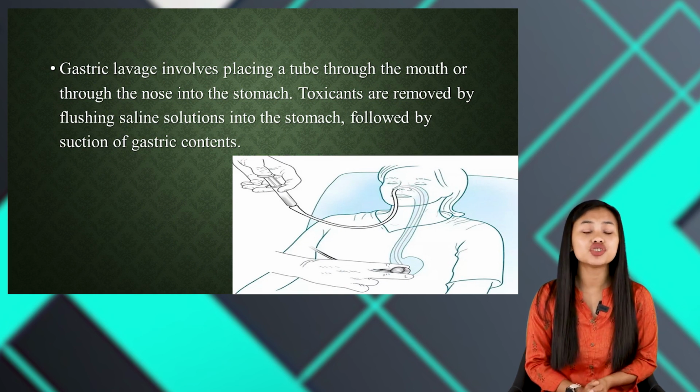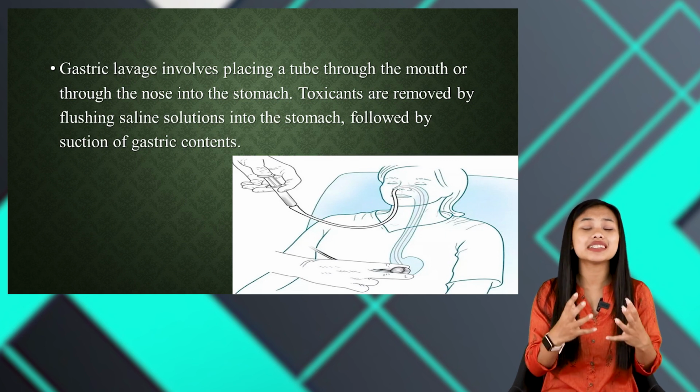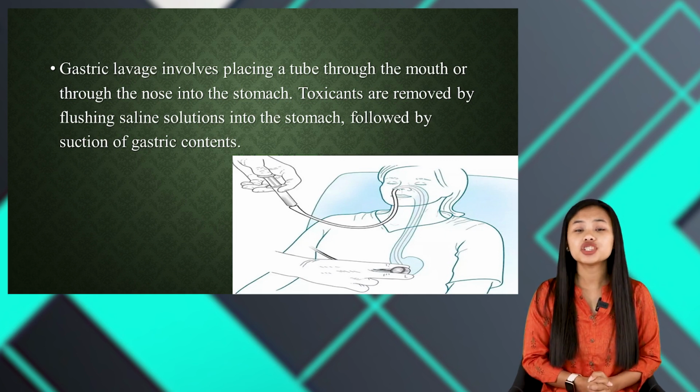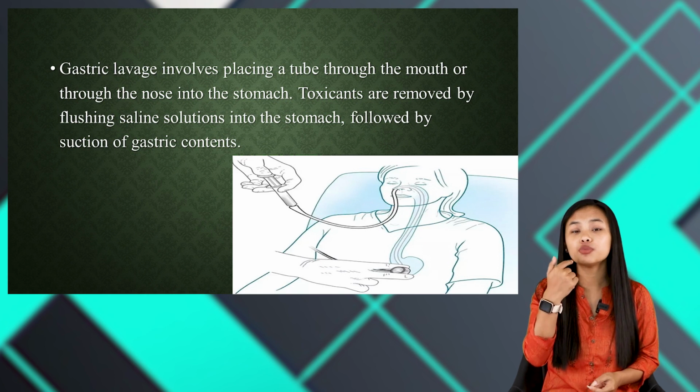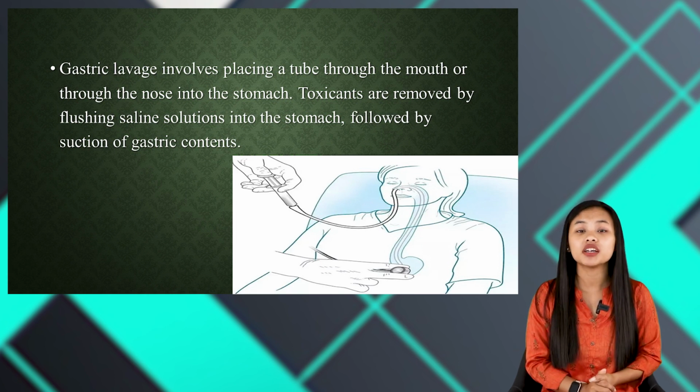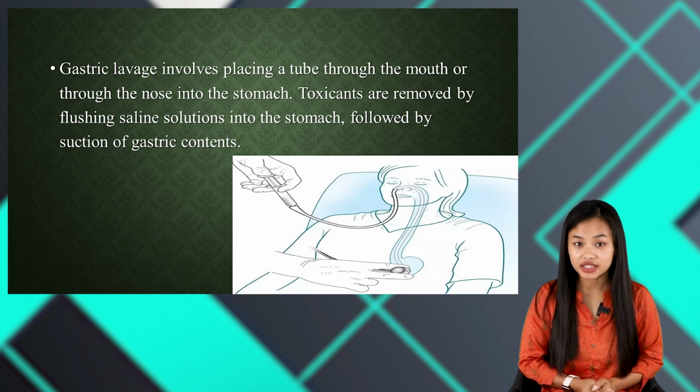Once this tube has been placed, the toxicants can be removed by flushing normal saline through the tube into the stomach, followed by suctioning of the gastric content. This procedure is also used most frequently as an emergency treatment in gastric dilatation or poisoning. So this is what gastric lavage is.